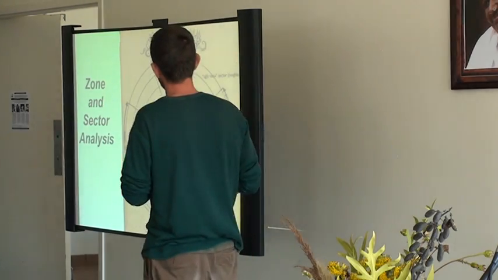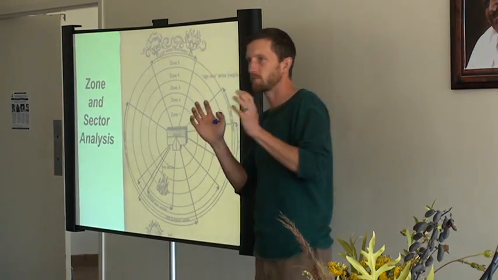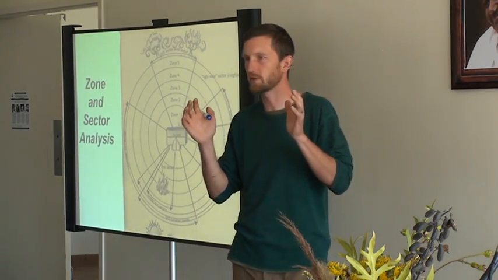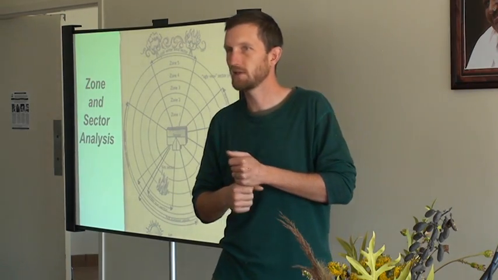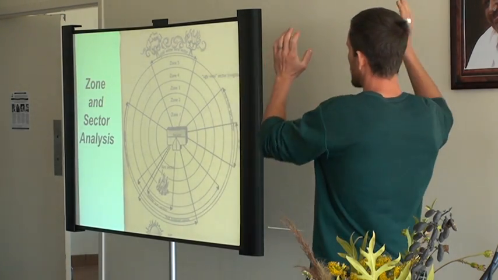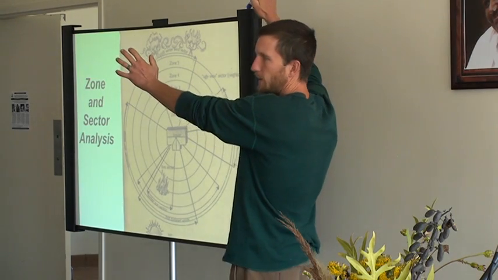Some examples of energies are your coldest wind or your predominant wind direction. In this case, I think the dominant wind is probably coming from the northwest.